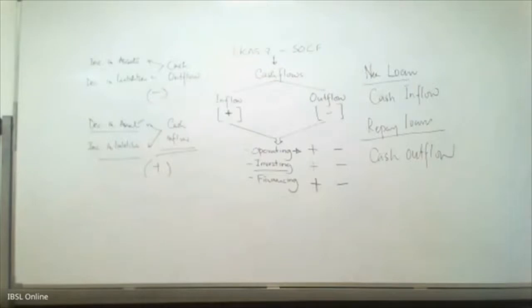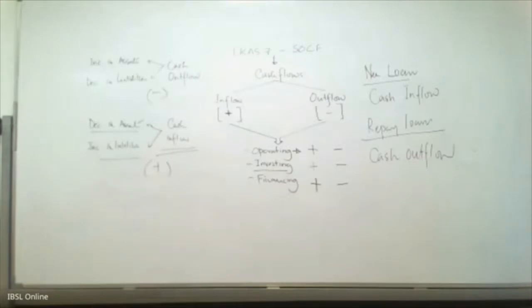But we need to know why we need to do it. Because from the cash flow statement, we are trying to identify what is my actual cash position. But when you say profit before tax or after tax, it has a lot of elements which don't have a cash impact.